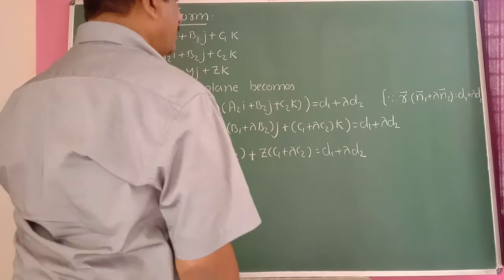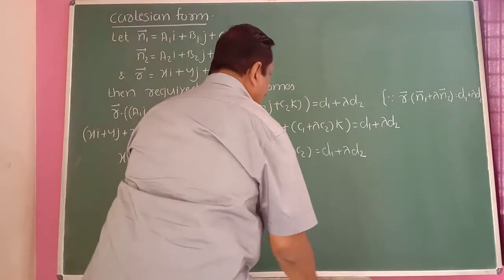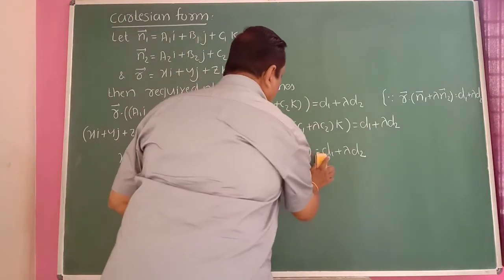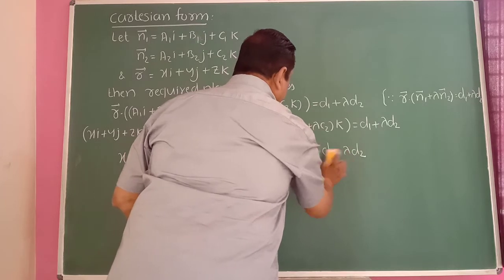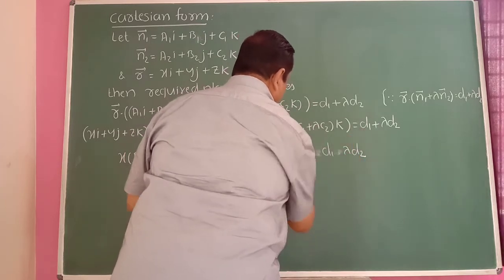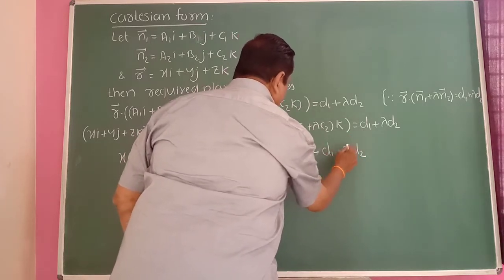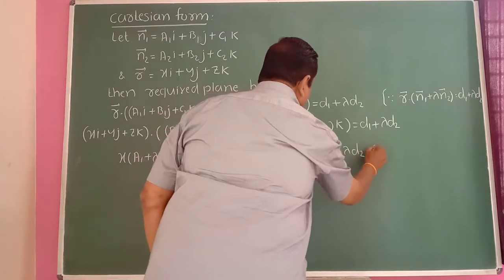You can take this D1 and lambda D2 to the left side, therefore this becomes a minus: minus D1 and minus lambda D2, that is equal to 0.